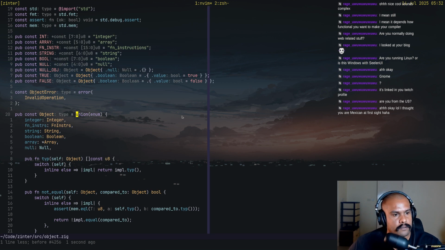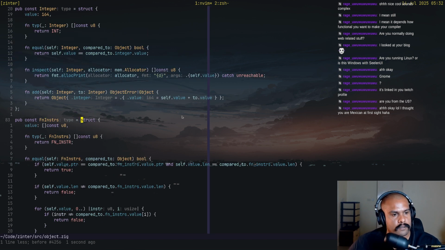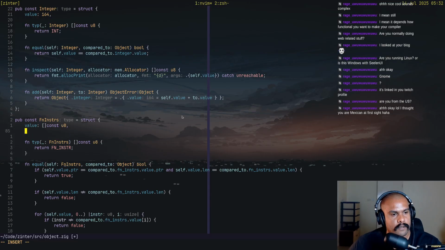Could update this object to have number of instructions. Should be U64.